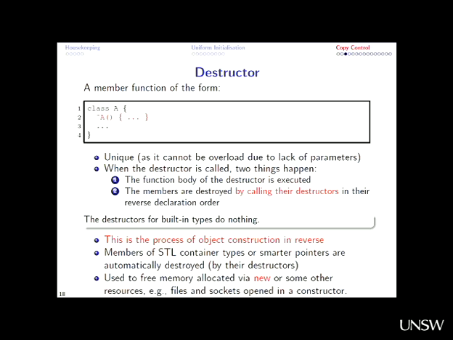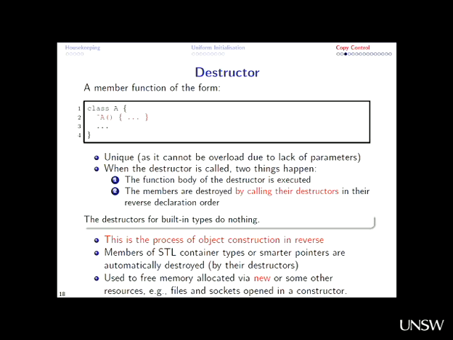When the destructor is called, two things happen. One, whatever is written inside the function body happens, and that's up to you to code. The second thing that happens is the members of that class are destroyed. Our class that we constructed on Monday has a string, an unsigned int, a double, and another unsigned int down here.